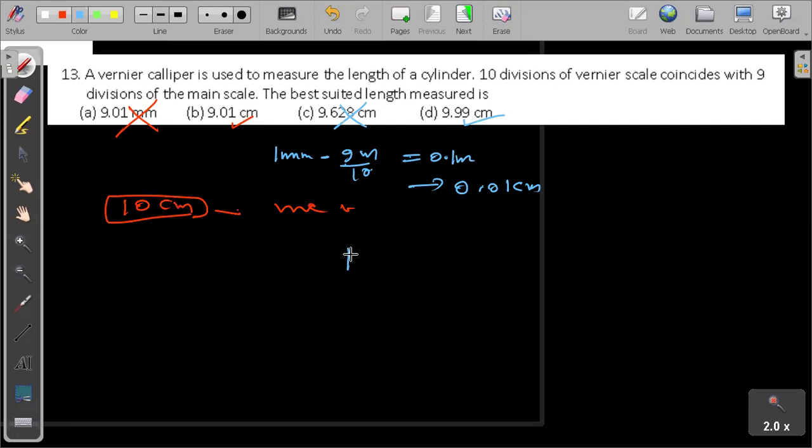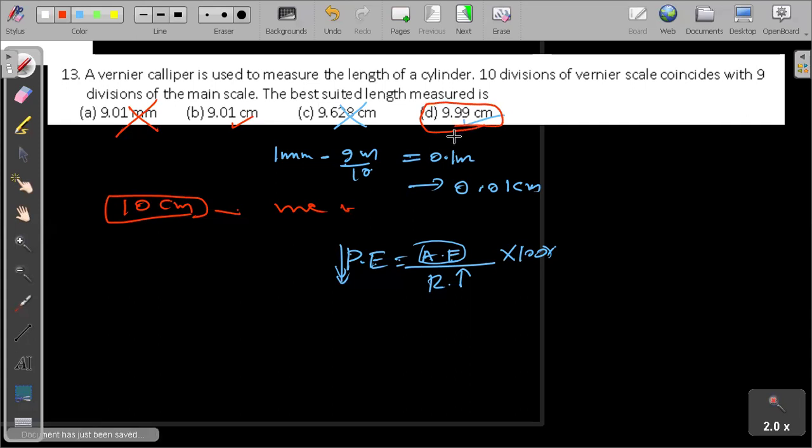Percentage error is always absolute error, that means the least count, divided by the reading, multiplied by 100%. So here, if your reading is very high, this is a constant value, the percentage error keeps reducing. You should get something with the lowest possible percentage error. So the denominator of the equation, that means the reading, should be greater. When the reading is greater, your answer is absolutely final.